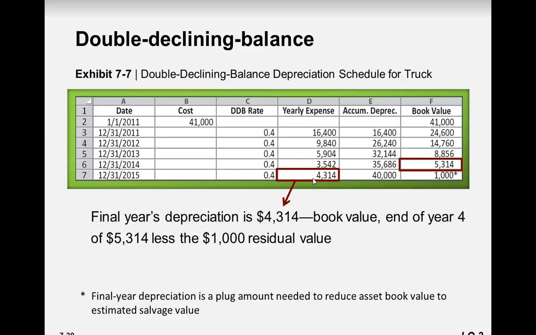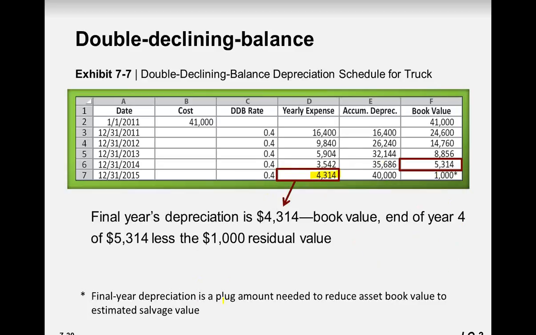In our last year, however, we cannot go below our $1,000 residual value, so you have to remember to watch that amount and not go below. So if 40% takes you below the 1,000, then you can't take the full amount. Okay, so remember to watch that.